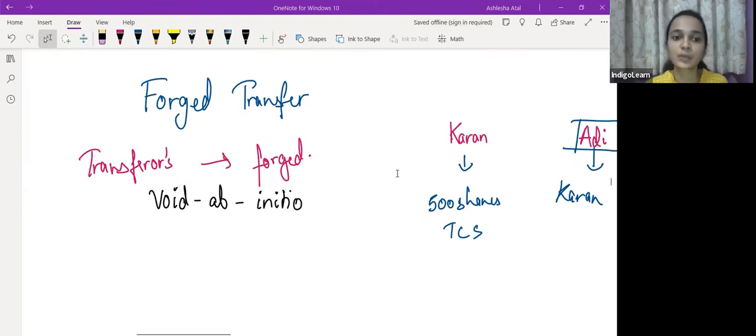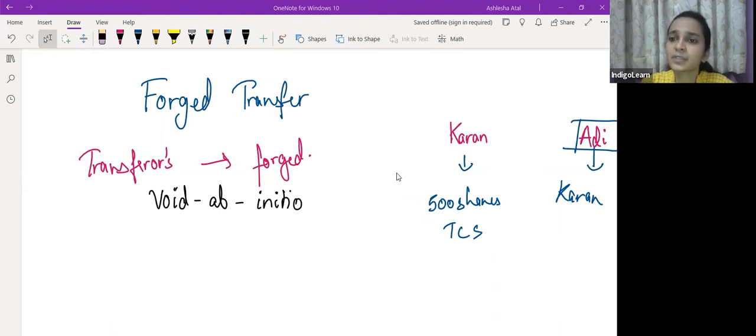Okay. So I was saying the forged transfer is void ab initio. I was asking you what is the meaning of void ab initio. It is void since the very beginning, void since its inception.